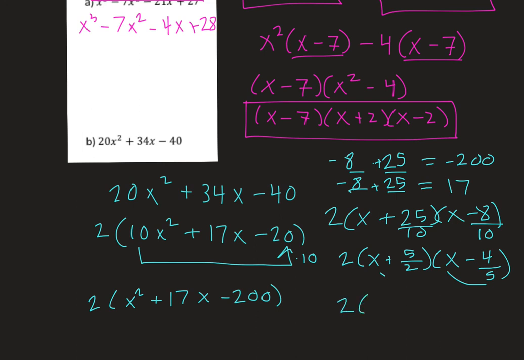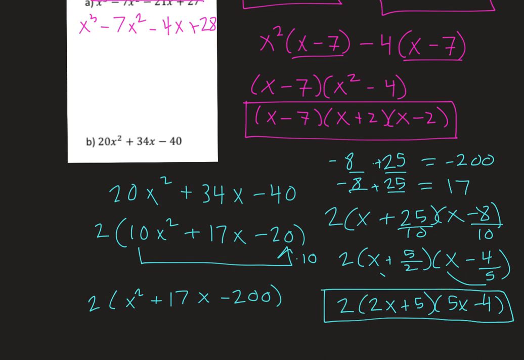So we have 2x plus 5, 5x minus 4. That 2 that we factored out at the beginning of the problem is still part of the factoring, so we need to carry it with us as we go. All right, so there is our factoring, a very, very important skill for college algebra. You need to make sure that you have factoring down before you take college algebra.